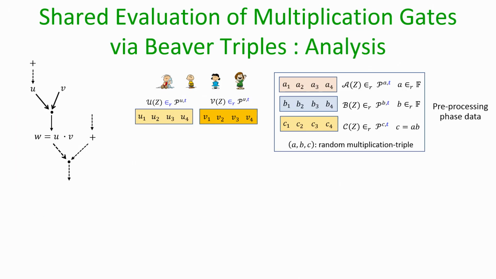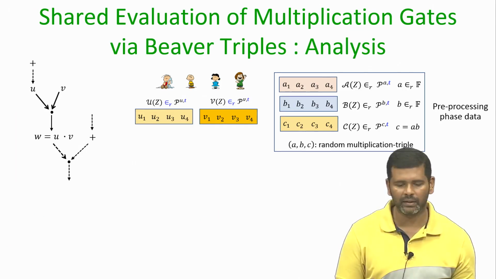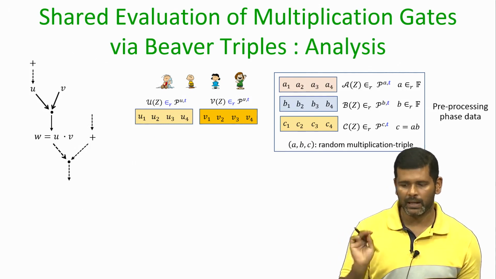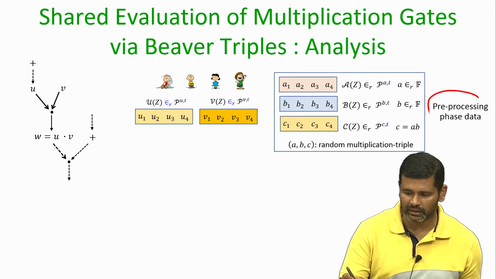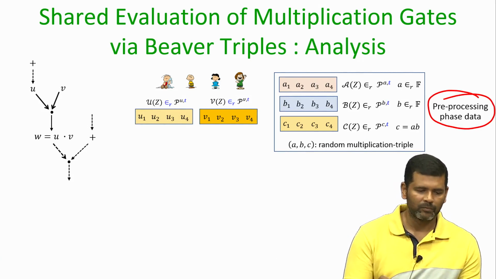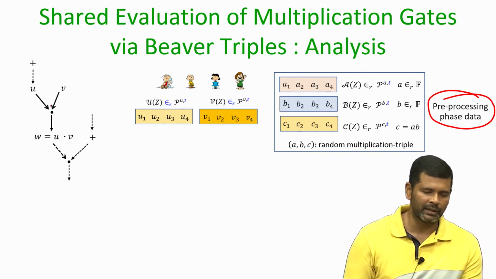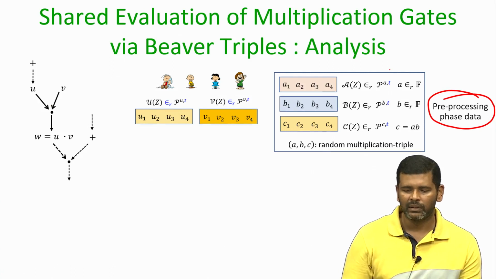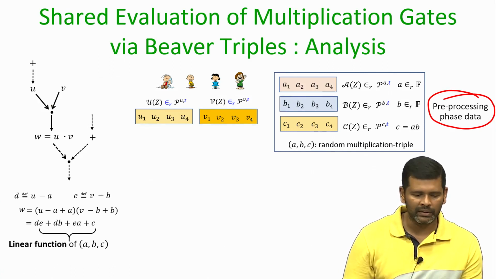Okay. So, now let us do the full analysis of the shared circuit evaluation, assuming we have such a pre-processing phase. I stress here that we have not seen the actual pre-processing phase, this we will see very soon. So, imagine you have a multiplication gate somewhere in the circuit, and corresponding to that the parties will have this pre-processing data already generated.